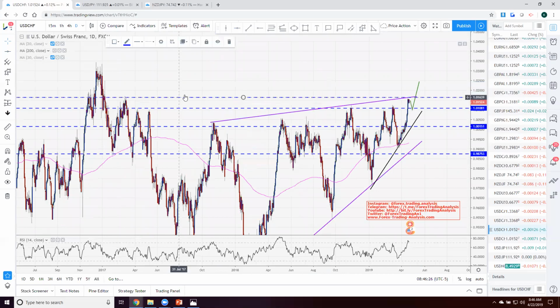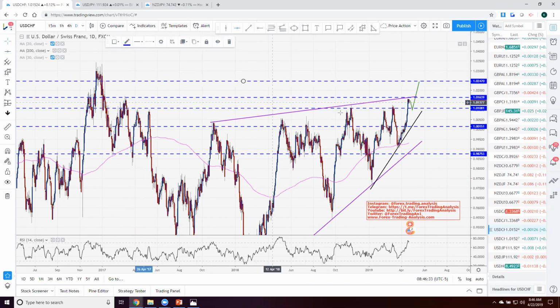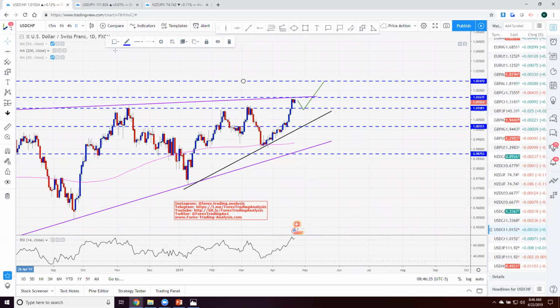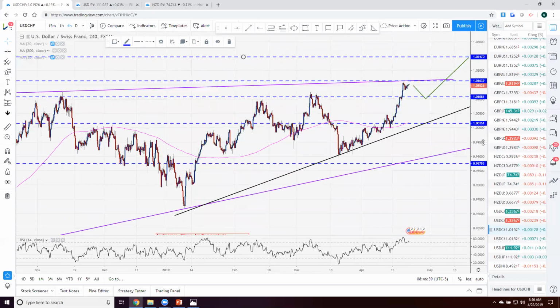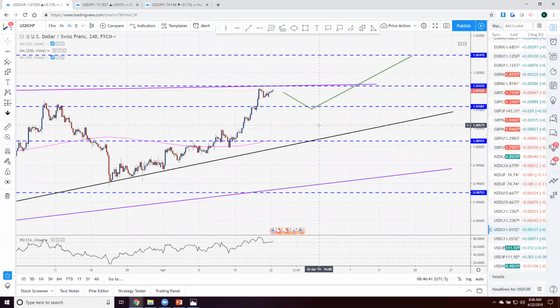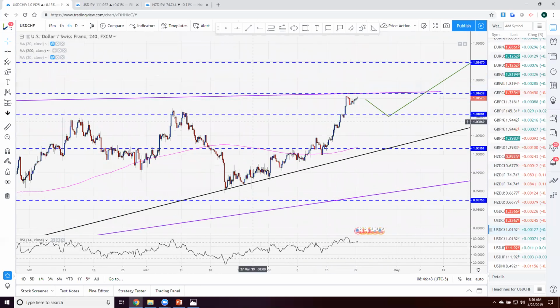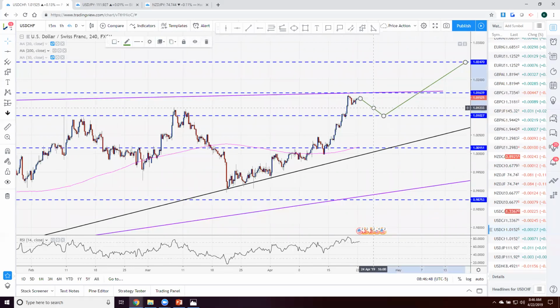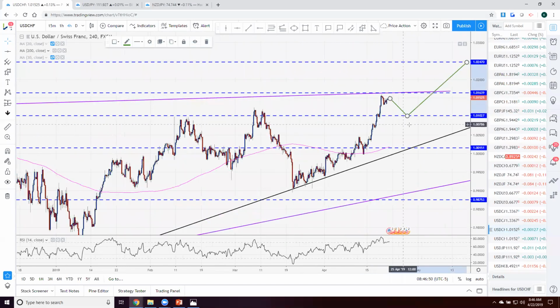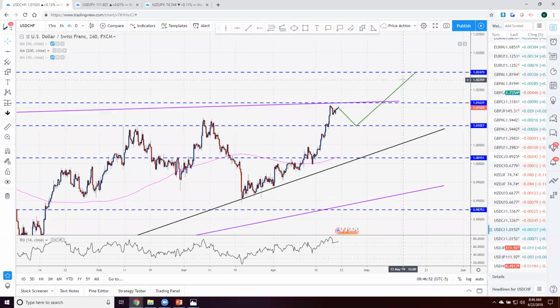This is a key resistance area that we're currently testing, and then past that, you could see up to this area. Over time frame, you'll be watching for a pullback right here to go long, or continuing higher.